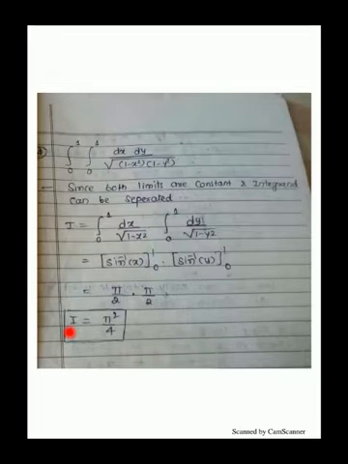This is the first note. Second note, if your inner integral limits are in terms of y, then what to do? That means the outer limits are limits of x. So in that case, integration with respect to x first, then y. This is the second note.